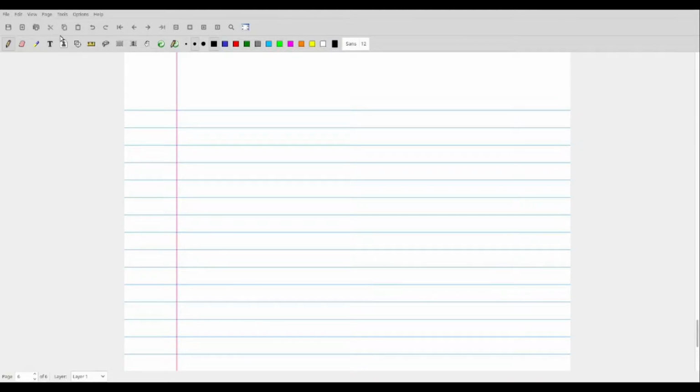The next example that we can consider for our topographical map and level curves is the function w, our output, equal to sine of pi over 2 times x squared minus y squared.